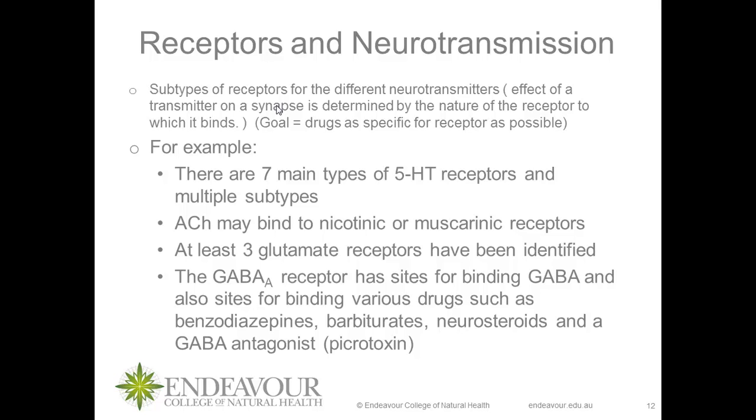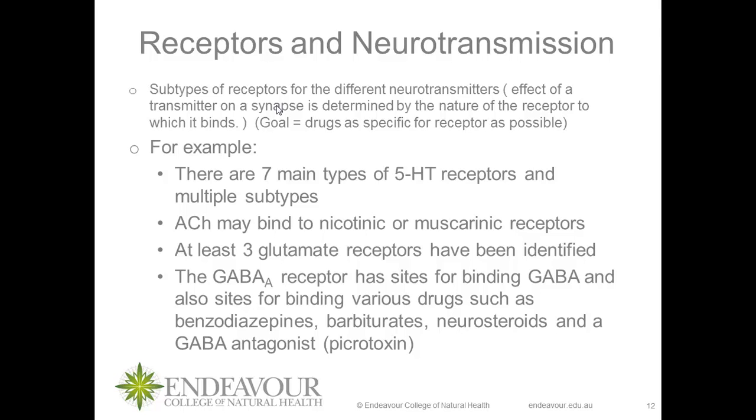Whatever drug that we develop and study for its toxicities, clinically trial, and then post-marketing study and survey for its ongoing efficacy and toxicities, we want that drug to be as specific for the receptor in the CNS as possible.